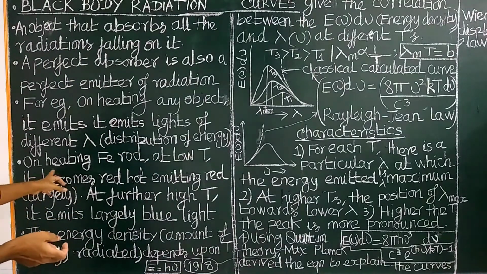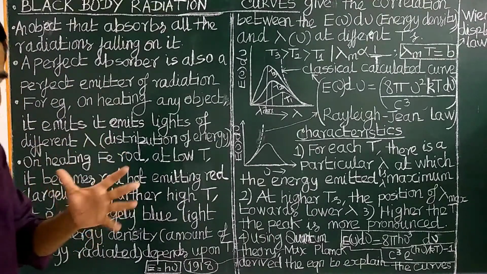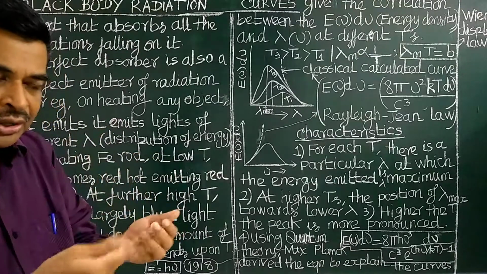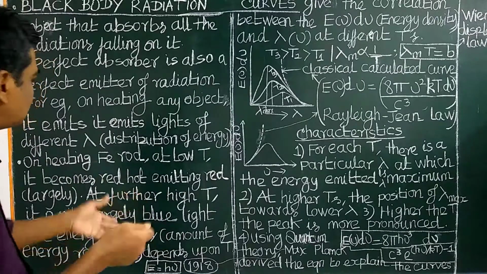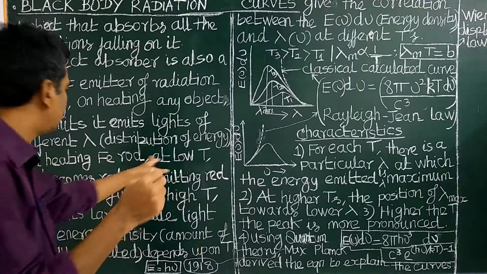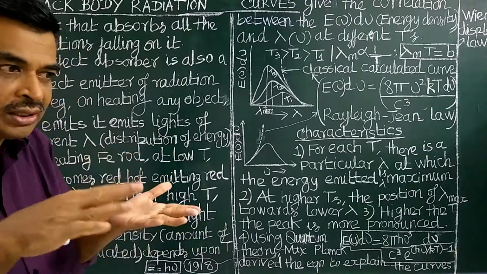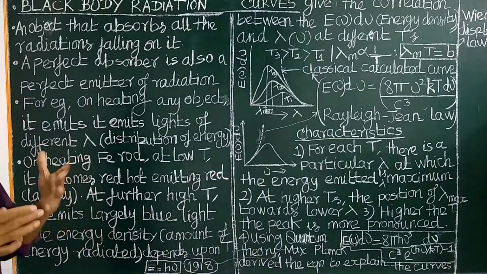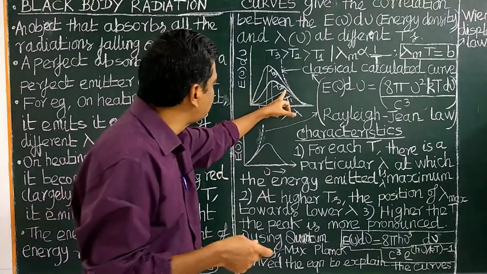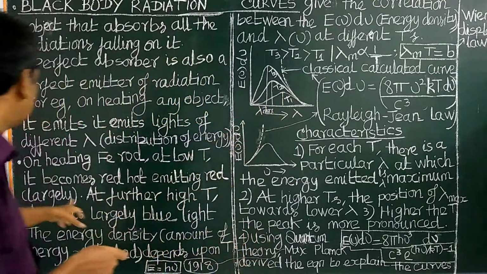On heating, for example, an iron rod in a flame, at 800 Kelvin it becomes red hot, emitting largely red light, and it also emits other wavelengths. Lambda max is red light at T1.